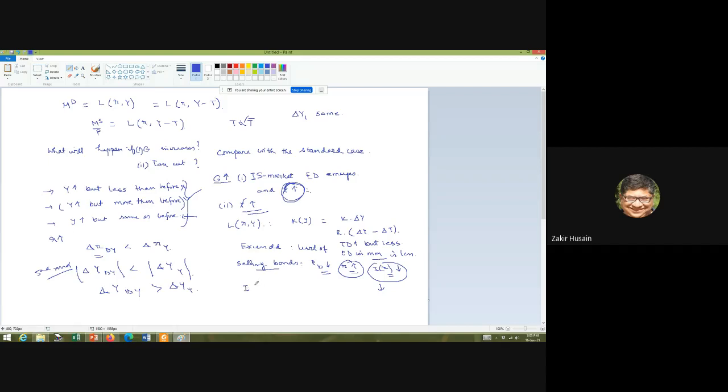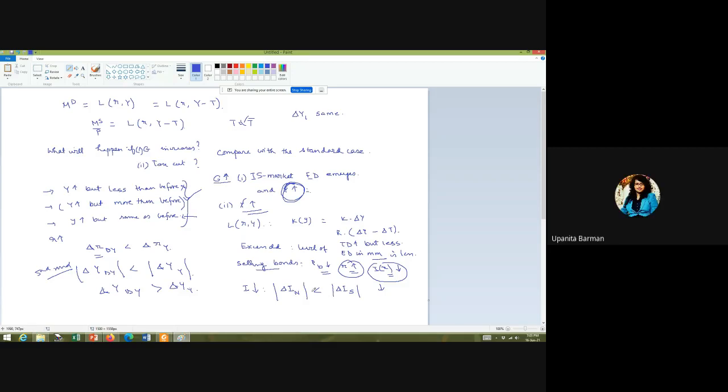If R goes up, I will decline in both cases. But if you look at the decrease in I, this is the standard case and this is the new case. Where will the decrease be larger? R has changed by a lesser amount, so this is going to be less, right?